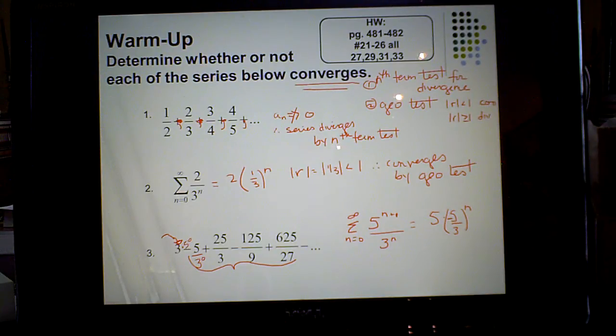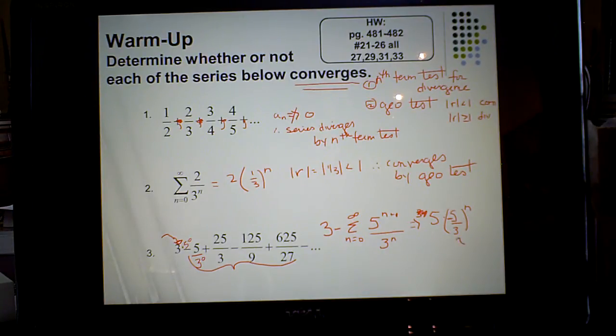And with my powers that change, this would change. And of course, I'm going to put my 3 minus this series. I think you get it. But I've rewritten this as 5 times negative 5/3 to the n.